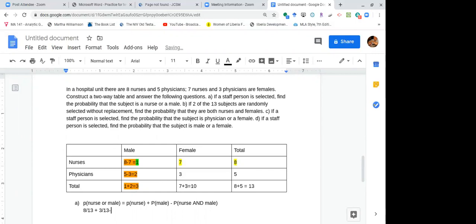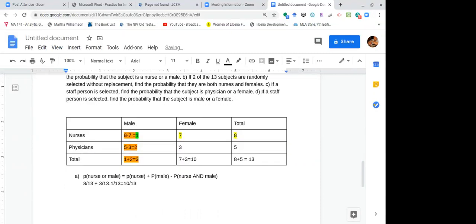So we have to subtract 1 out of 13. 8 plus 3 is 11, minus 1 is 10, so 10 out of 13. And then you can make it a fraction, a decimal, or whatever. So it's 10 out of 13, and that's 0.769, which is 76.9%.